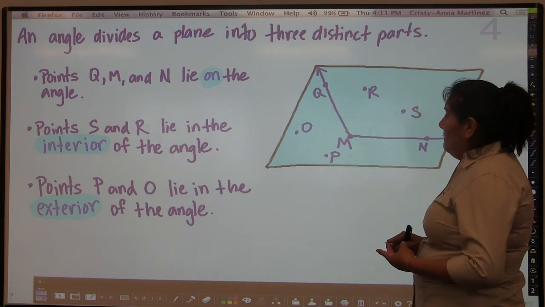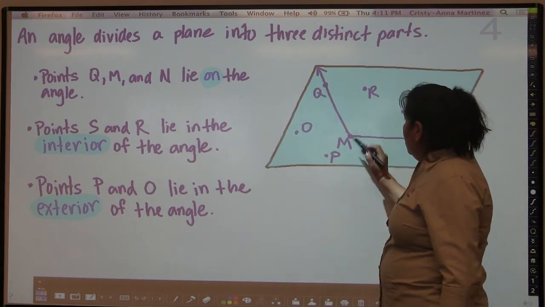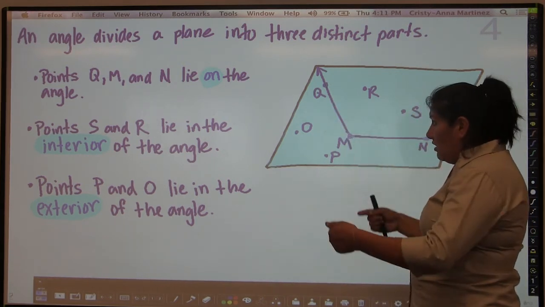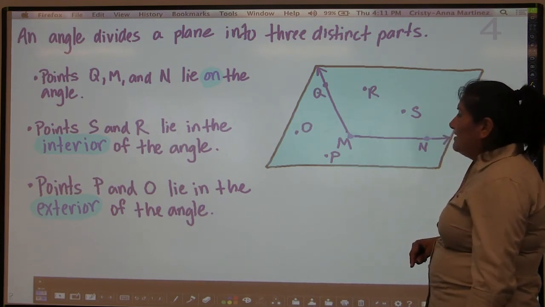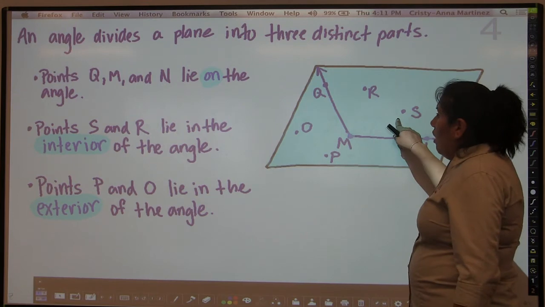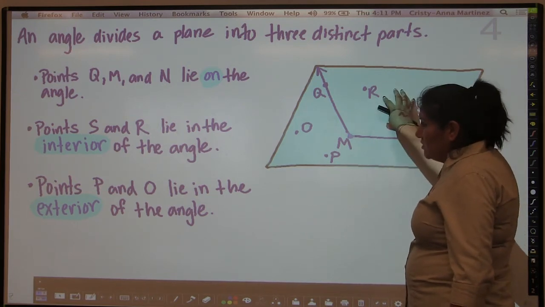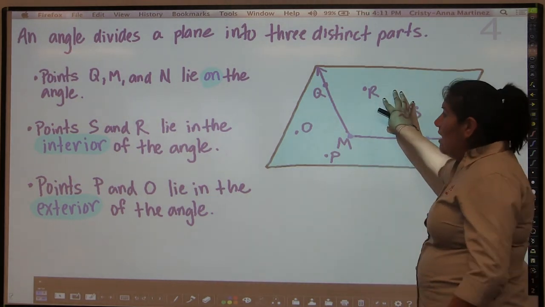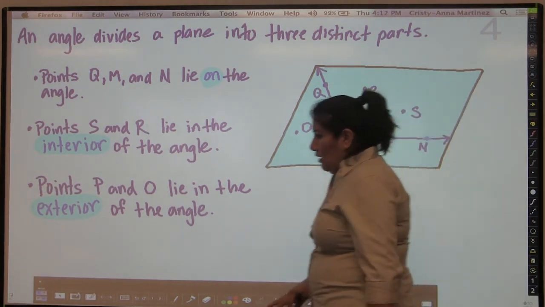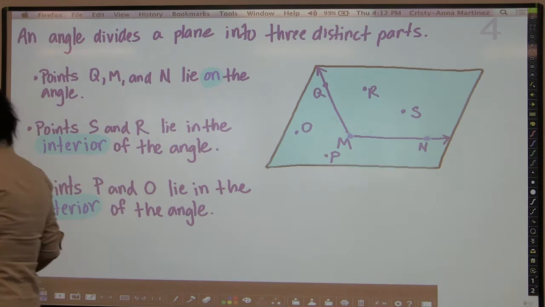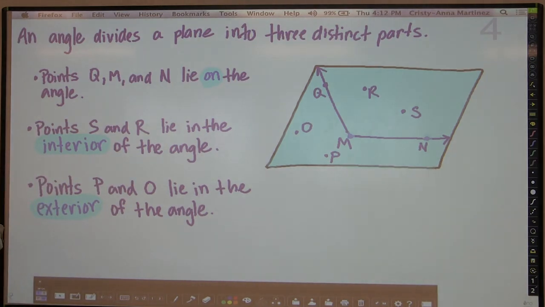Points Q, M, and N are actually on the angle. They're on the rays. Points S and R, which are over here, are on the interior of the angle. So it's important that you understand where the interior is. And then points P and O are on the exterior of the angle. And that's important when you're trying to describe where angles are.